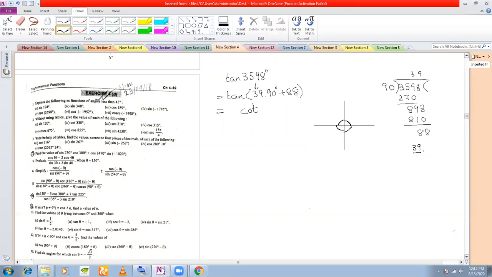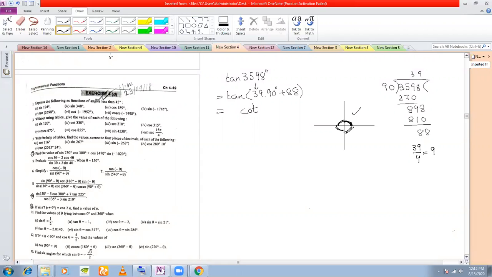So 39 divided by 4 will give you how much? 9 rotations, right? 1, 2, 3, 4, 5, 6, 7, 8, 9. So 9 rotations, that means we are in what quadrant? We are in the first quadrant for 9 rotations, right? No, sir. Fourth quadrant. Okay, fourth quadrant. Why fourth quadrant?